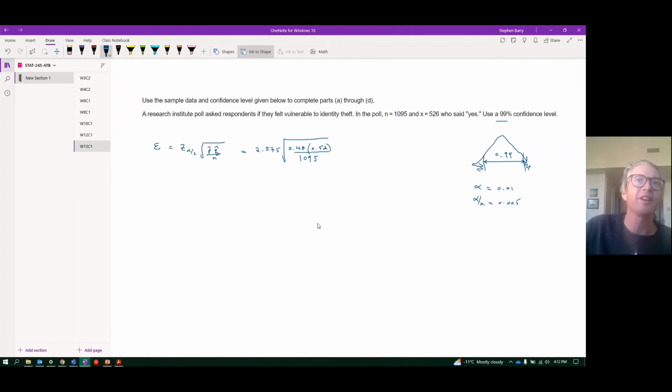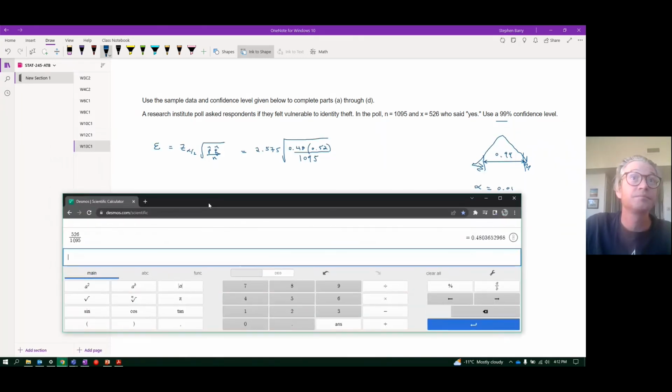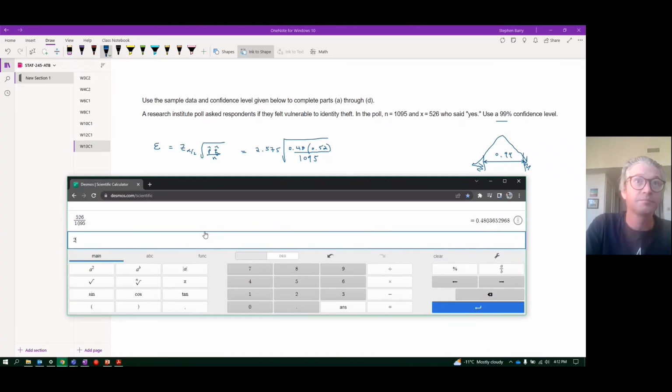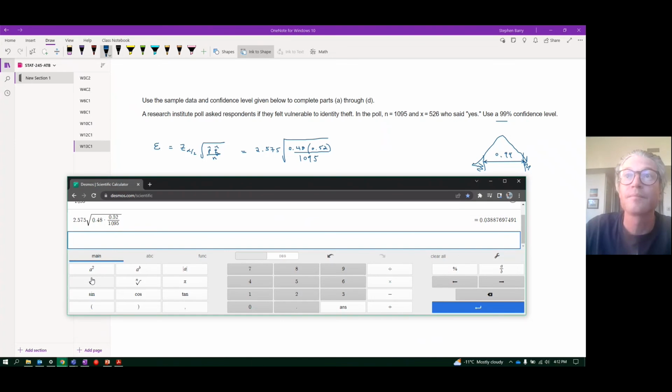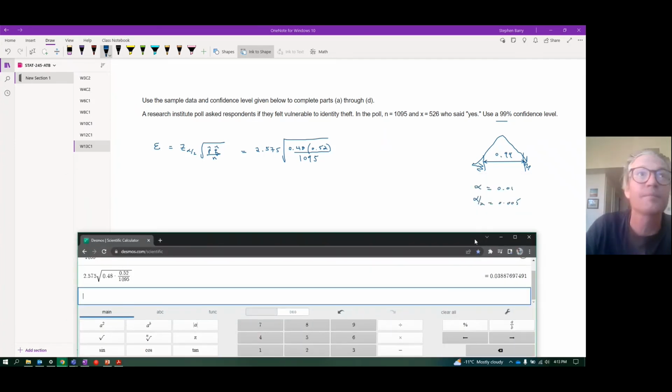Anything over 200, you're going to get a small error. So 0.0389.